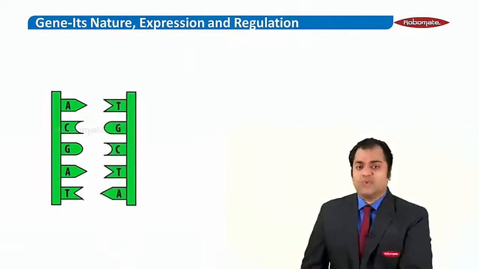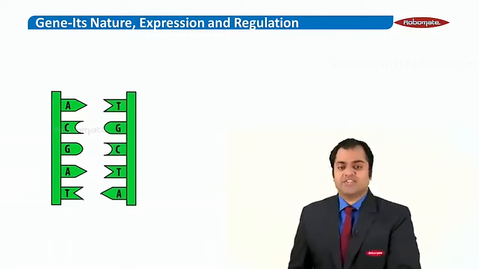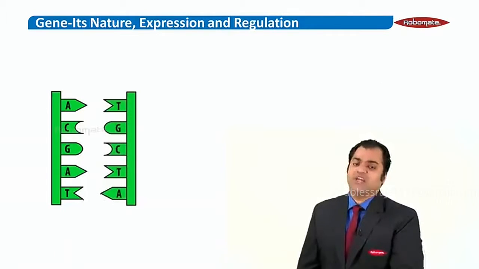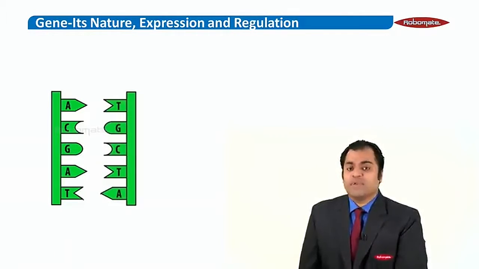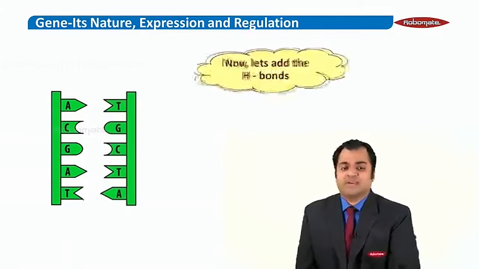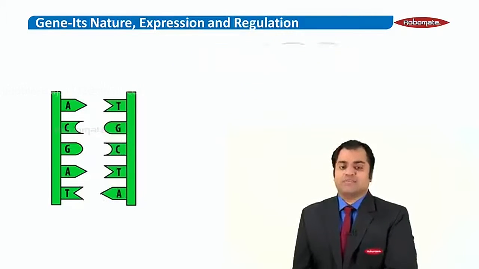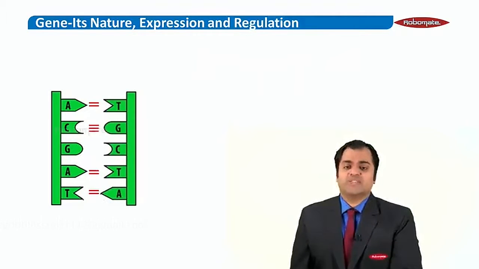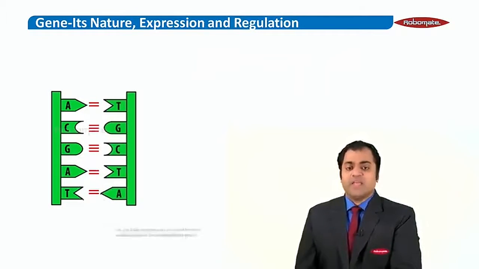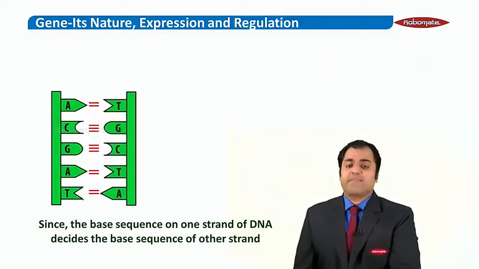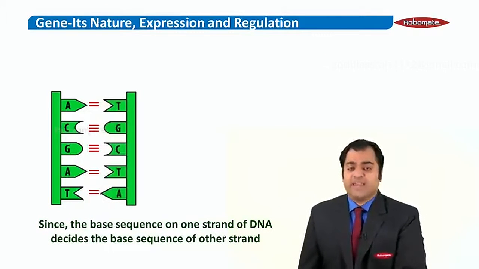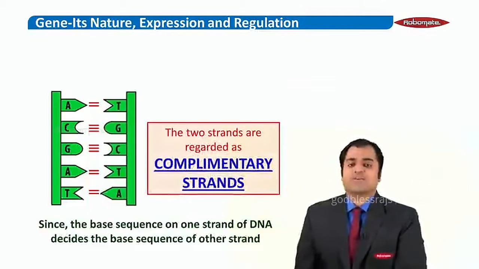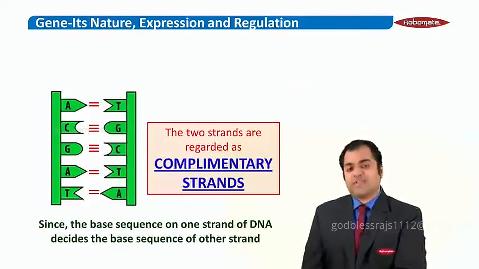With A you will see T, with C you will see G, with G you will see C, with A you would see T, and with T you would see A, because they are complementary bases. They complement each other. Now let's add the H bonds. Between A and T, you see the 2 H bonds, and between G and C, you see the 3 H bonds. Is that okay? So since the base sequence on one strand of DNA decides the base sequence on the other strand, the 2 strands are called complementary strands.